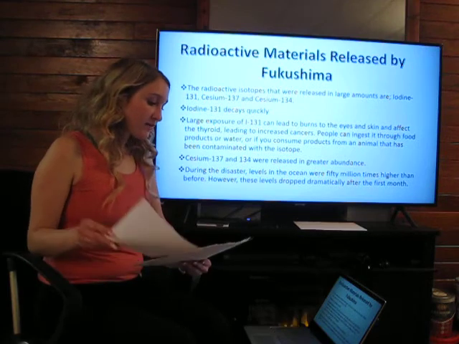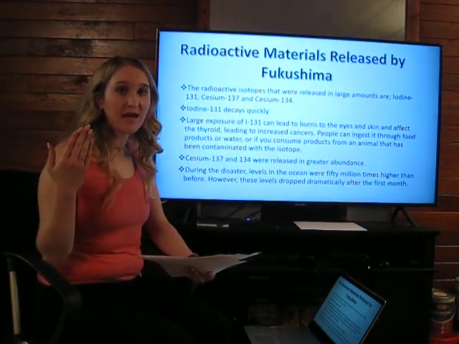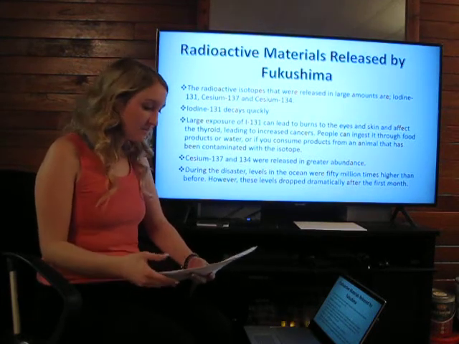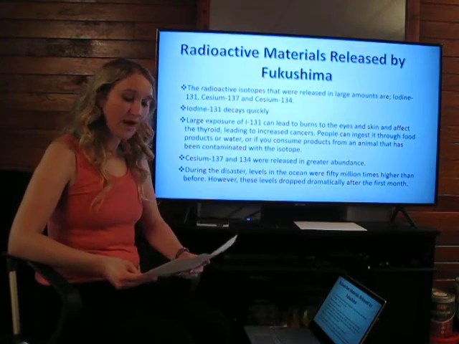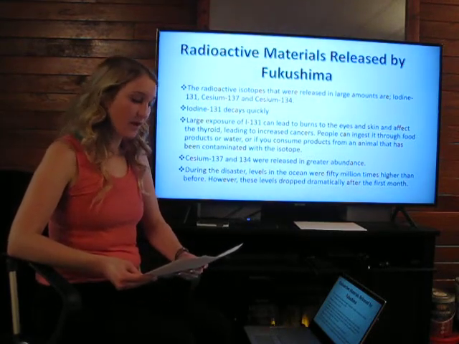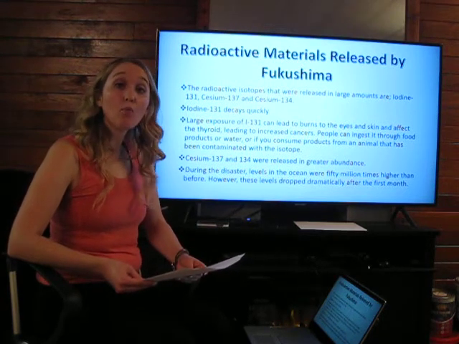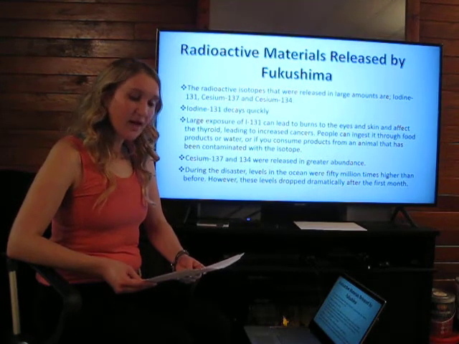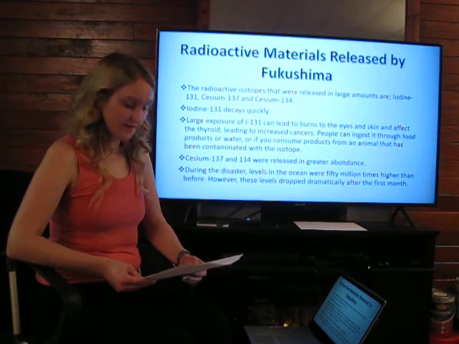And then lastly here, there were actually quite a few radioactive materials that were exposed into our atmosphere. The radioactive isotopes that were released in large amounts were iodine-131, cesium-137, and cesium-134. Iodine-131 decays quickly and there are no longer detectable amounts in the environment.